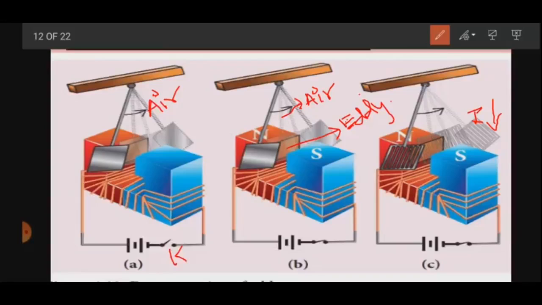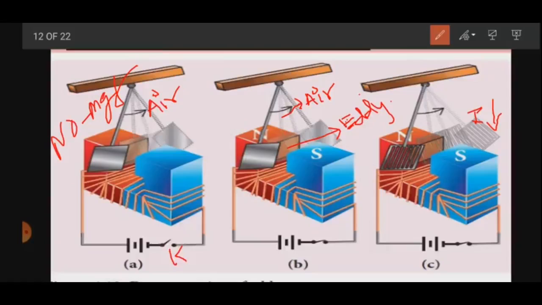At that time the pole pieces of the magnet are not excited, so there is no magnetic field, because no current flows in the circuit.